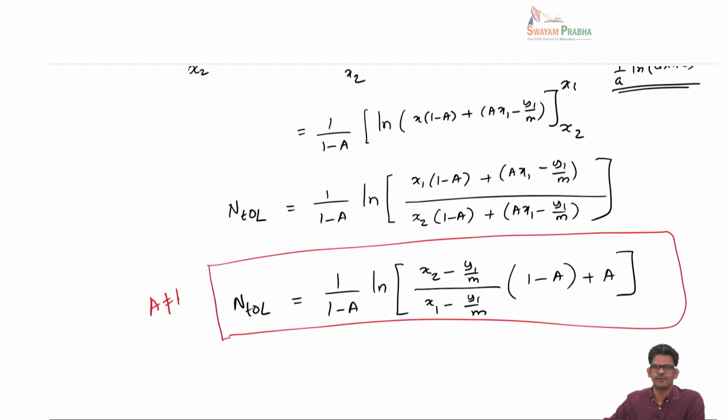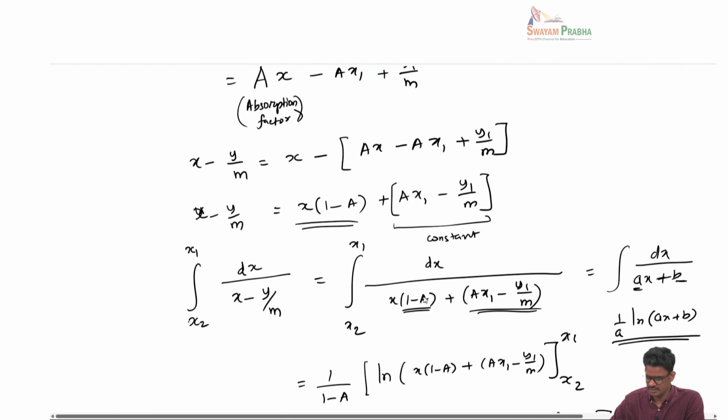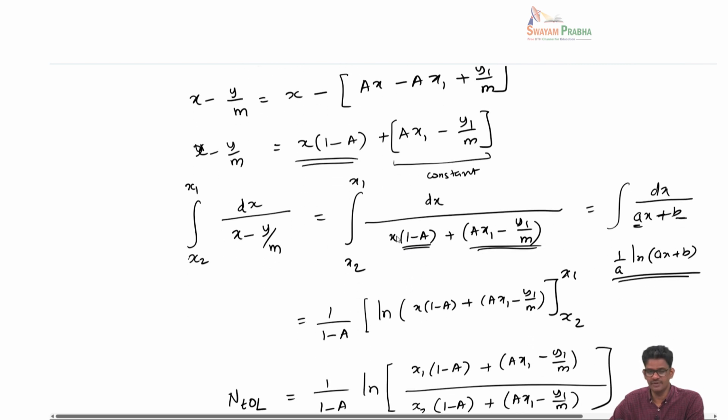So like I said before, suppose you have A equal to 1, all you need to do is go back here before you do the integral. If you substitute A equal to 1, you see this term will drop out, you are left with only this constant term. So if you integrate, you will get x1 minus x2 divided by just this.